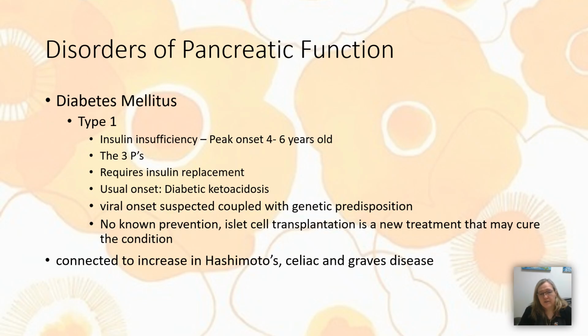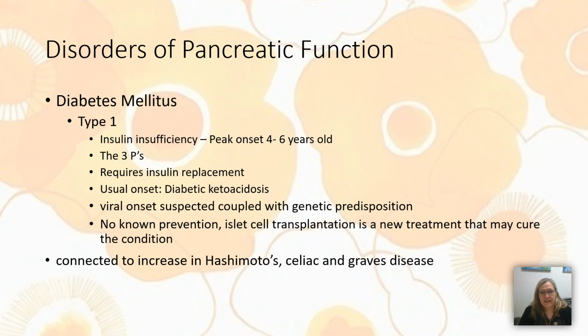But other treatments that are kind of exciting, what's going on right now, is stem cell transplantation into the islet area of the pancreas. And so that has been really successful, and also they've been doing pancreas transplants, which is something they've never been able to do until just recently.